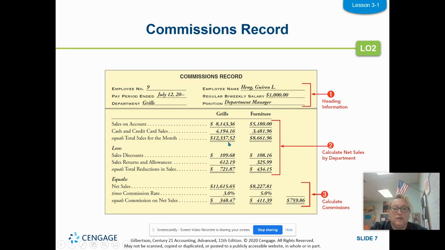You see the sales for both, any discounts or returns from both, and then you see that for that pay period he's going to receive close to an $800 commission, whether it's for 2 weeks, monthly, or however they're going to pay commissions.